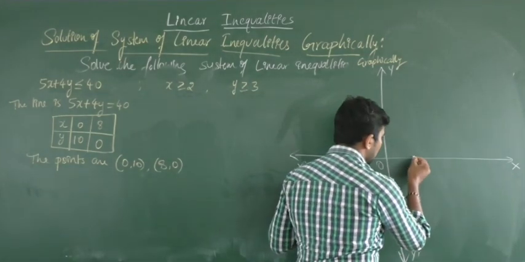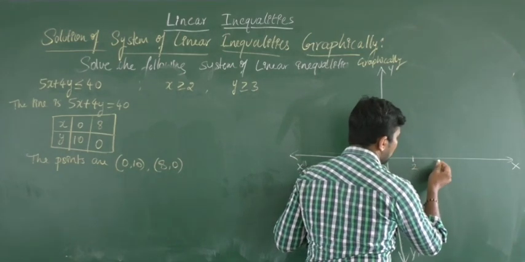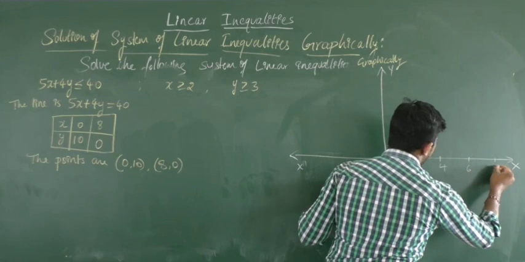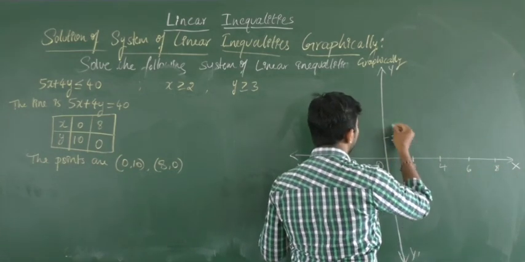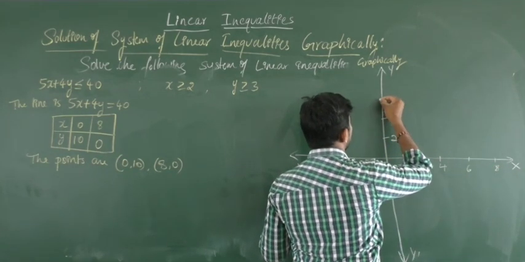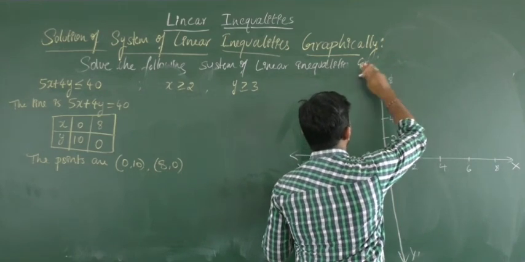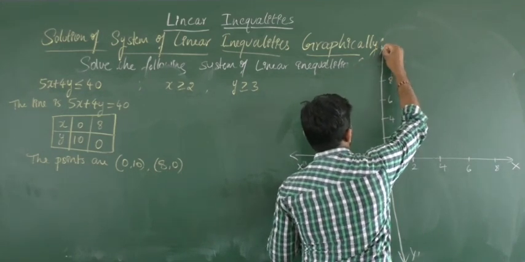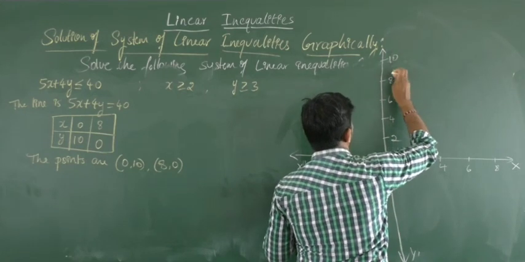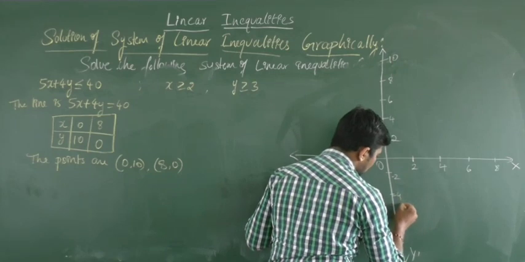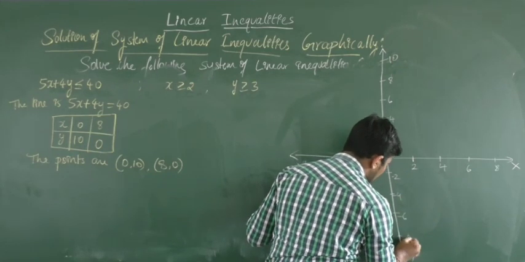So here this is 2, 4, 6, 8, and here 2, 4, 6, 8 increases here, 10. Minus 2, minus 4, minus 6. Like this.